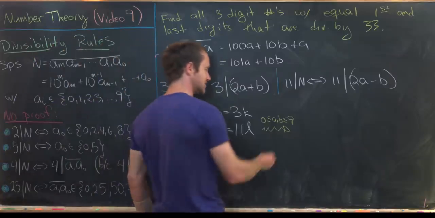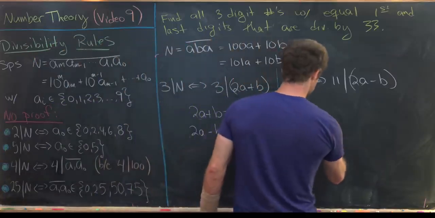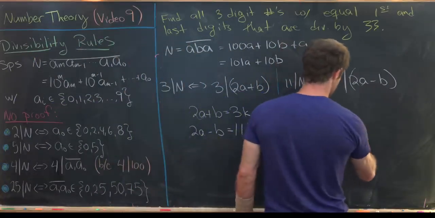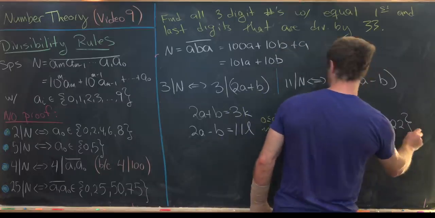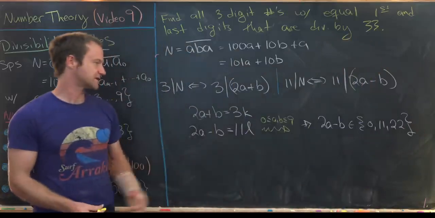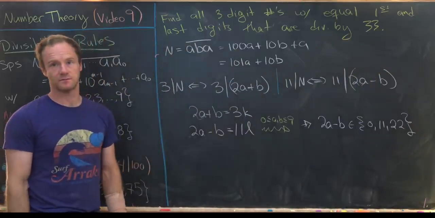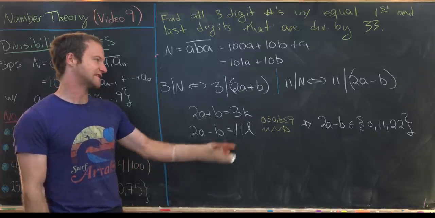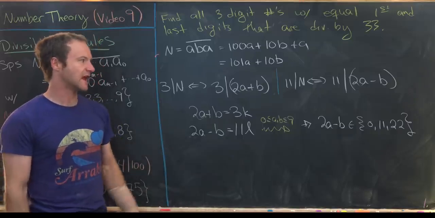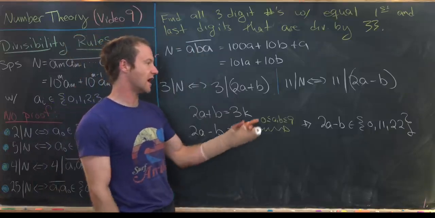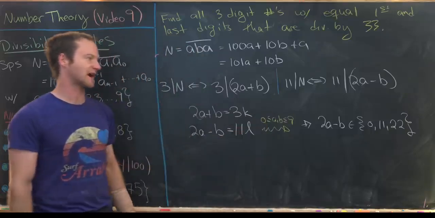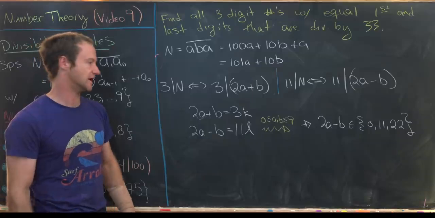So what does that tell us? That tells us that 2A minus B must come from the set 0, 11, or 22. Well, first of all, it's got to be a multiple of 11. So why is that? Well, it has to be a multiple of 11, and it's impossible to achieve any other multiple of 11 other than those three using the fact that A and B come from 0 through 9.